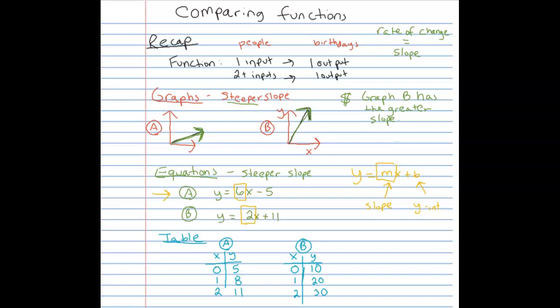So if we're going to look at a table, guess what? We're still going to find the greater slope. Which of these two has the highest jump? So we haven't necessarily talked about a table yet. So what I'm going to do is I'm going to write y over x.